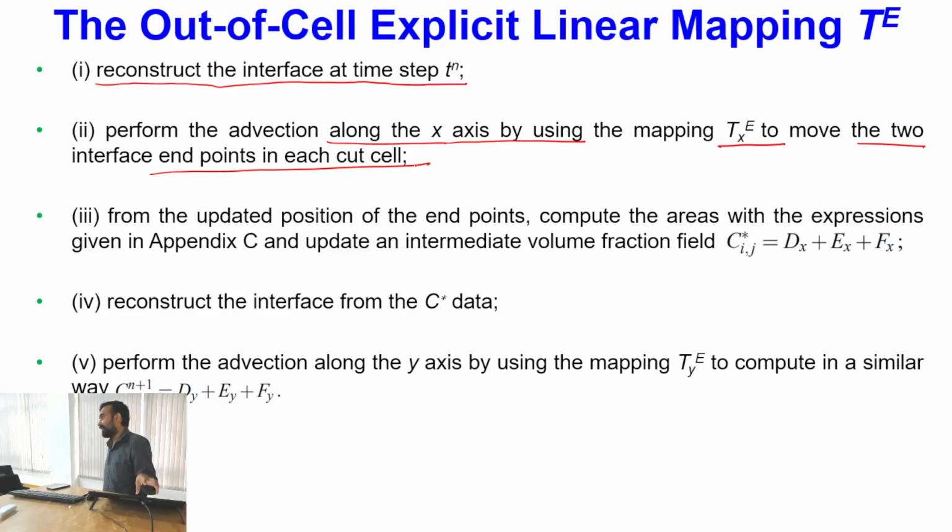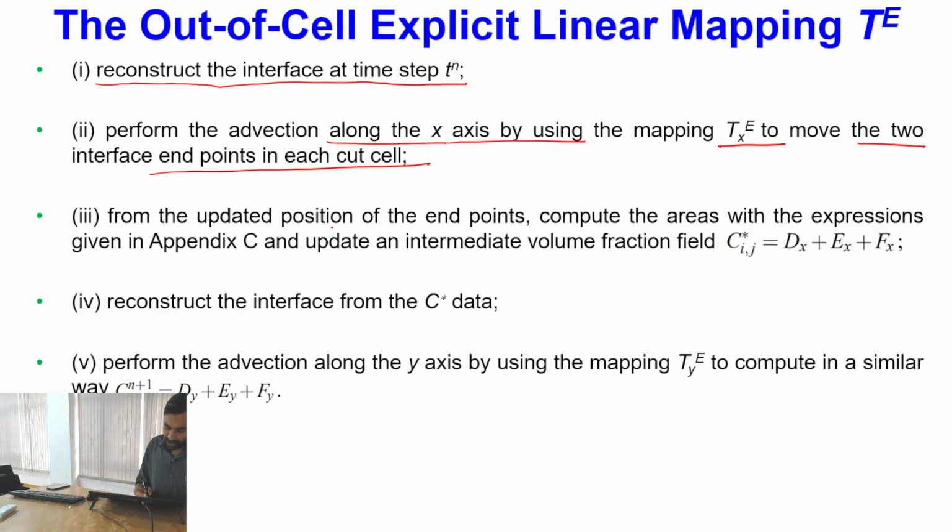You have to remember that we only perform this on the cells which are nearby the interface. This process is not performed on the entire simulation domain. So it is only done for the cut cells.